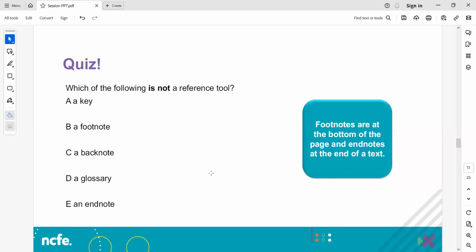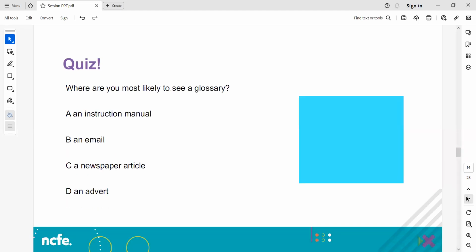Okay, so it's just reminding us that footnotes are at the bottom of a page and endnotes at the end of a text. Okay, glossaries. Where are you most likely to see a glossary? A, an instruction manual, B, an email, C, a newspaper article, or D, an advert?